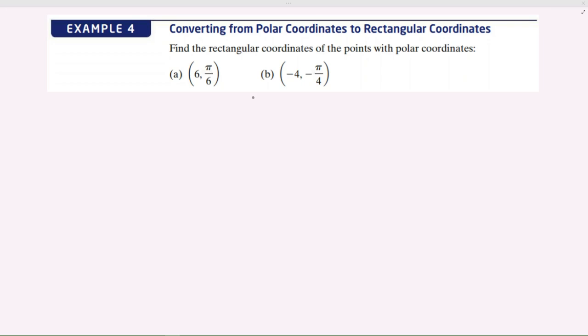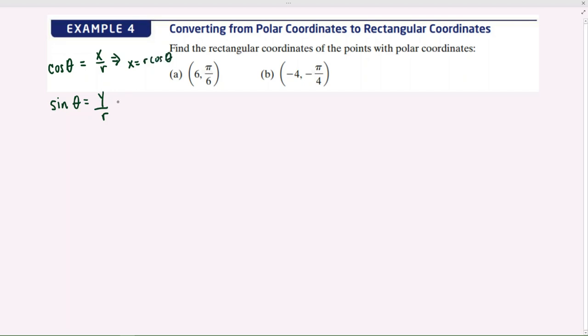Okay, so we just discussed how since the sine of theta is equal to y over the radius, and the cosine of theta is equal to x over the radius. When we solve this for x, we get x is equal to r cosine theta.